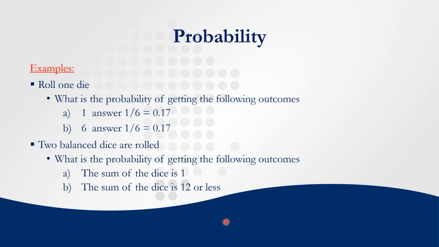So my question is, it doesn't matter what they land on, what is the probability that the sum will be 1? If you add the numbers, what is the probability that you will get a sum of 1?